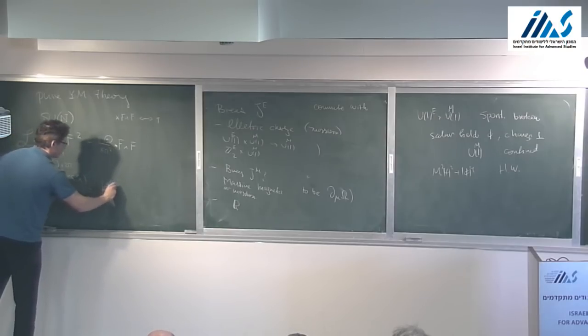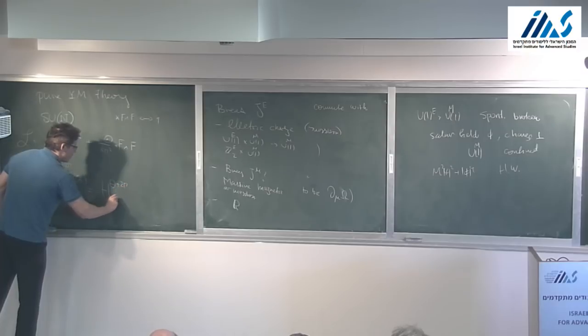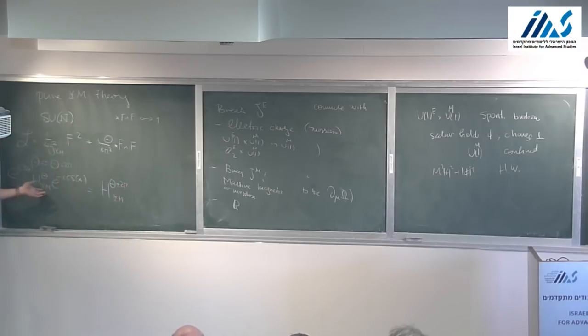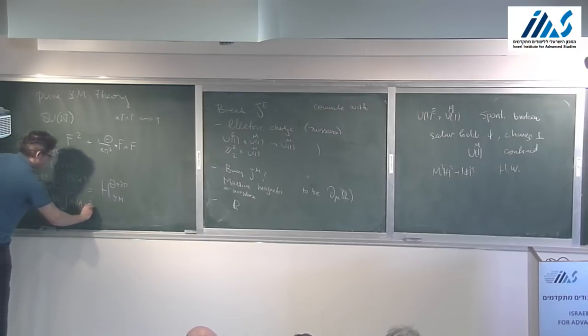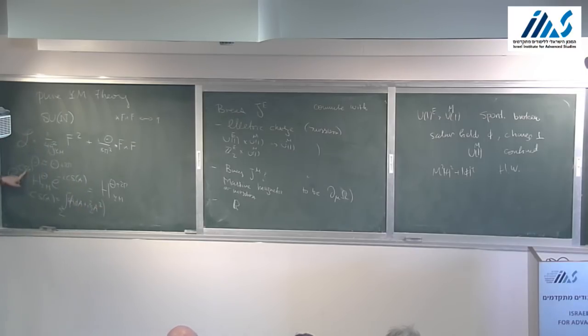So that's the same as H of theta plus 2π. The Chern-Simons action is defined as an integral over space of the trace of A dA plus 2/3 A cubed, times 1/4π.